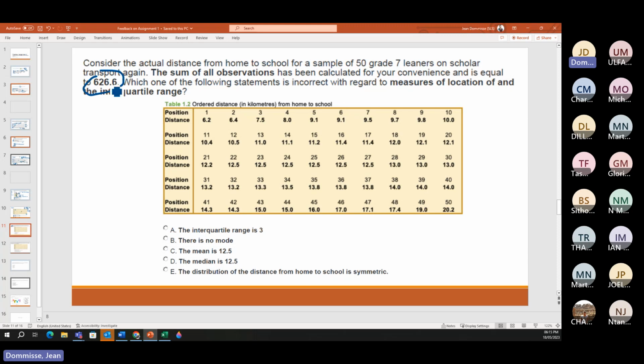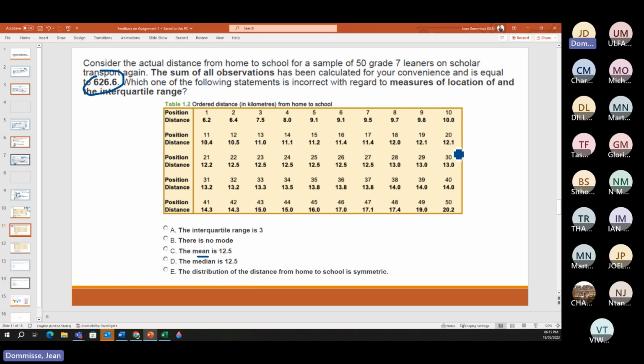So that is probably so that you can work out the mean, because there is no way they will ask you in an exam or in an assignment to add all of those numbers together to get the mean. So that is why they would give it to you.